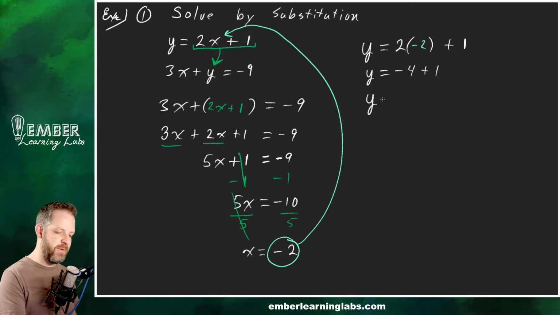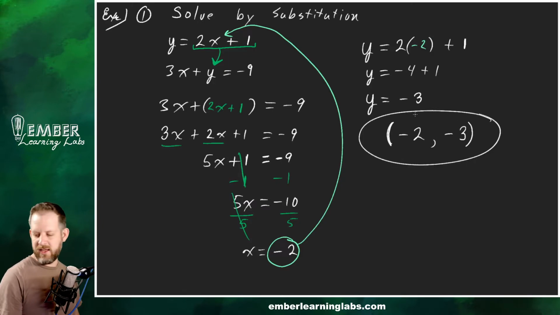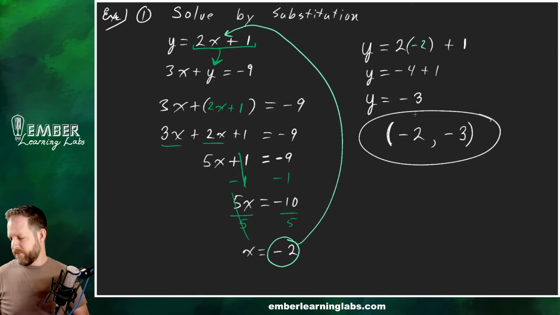We subtract and keep the sign of the bigger one, so it's -3. So the only thing we got to do now is write our answer as a point. Points go x, y, so our answer is -2, -3. Okay, so that's it. Let's do another example.